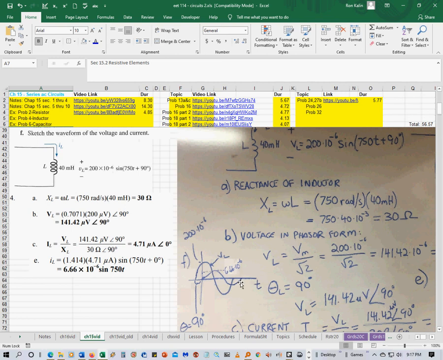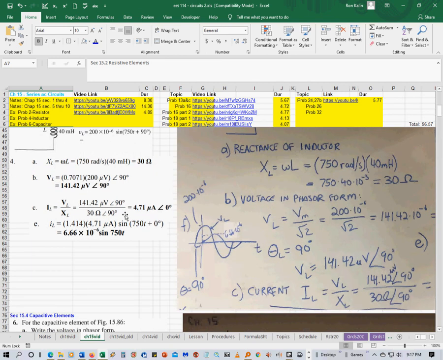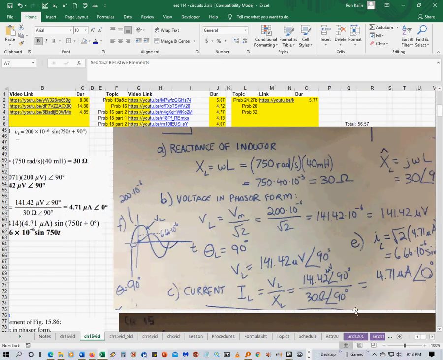So when you do the math here, you get that 141.42 microvolts divided by 30 equals 4.71 microamps. And then the 90 in the numerator, subtract the 90 in the denominator equals 0. So that's what that looks like. I did the same thing on the board here.